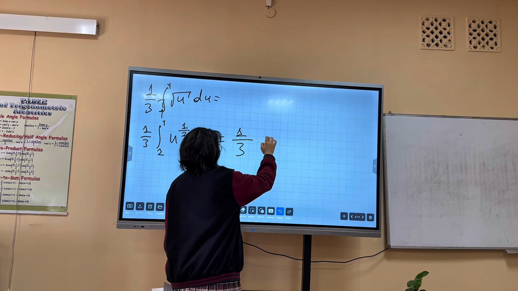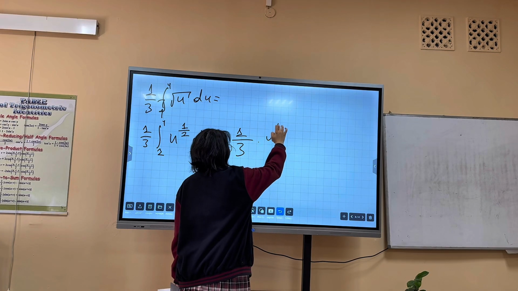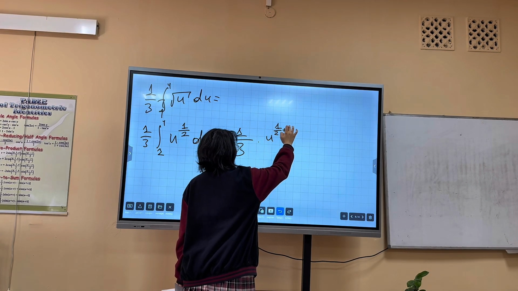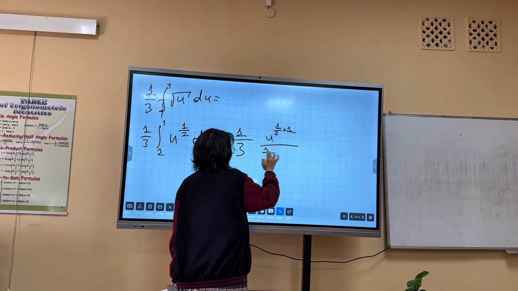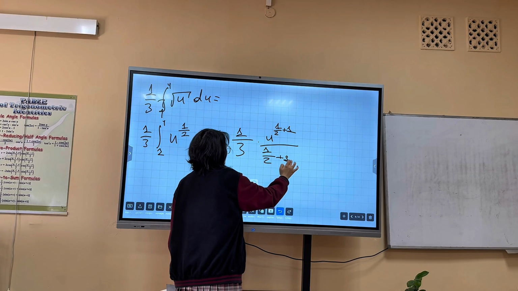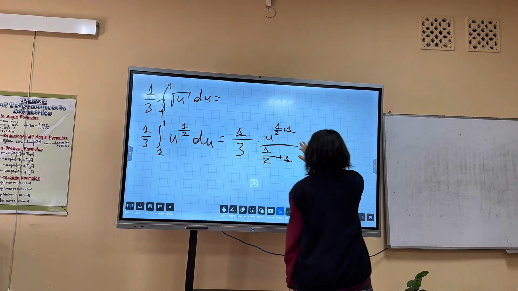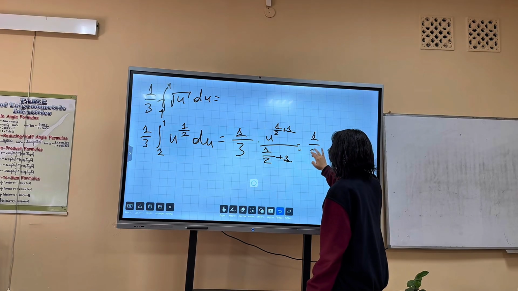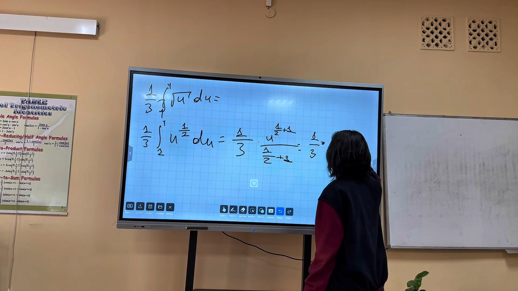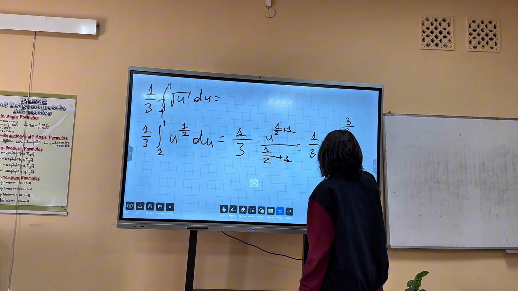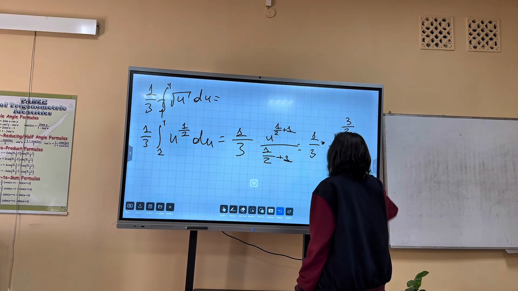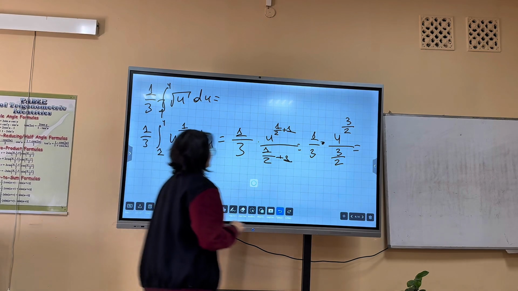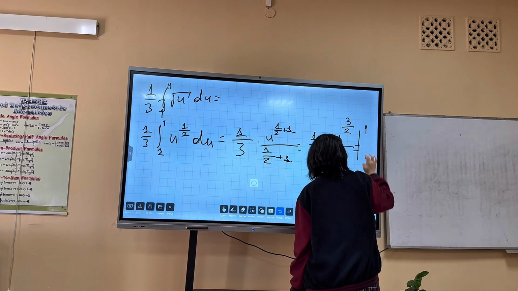We multiply u with degree plus 1 divided by the degree plus 1, and it will be 1/3 multiplied by u to the 3/2 divided by 3/2, with boundaries 4 and 1.